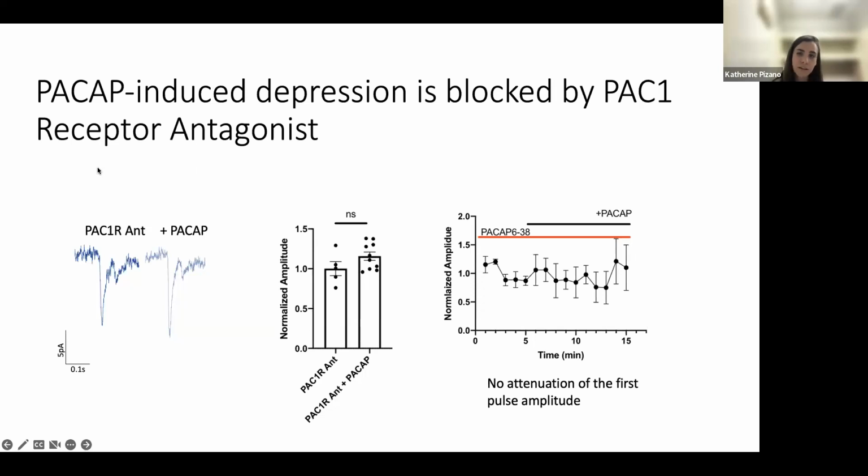So in the presence of the antagonist, there seems to be no significant change in the normalized amplitude of our evoked responses, even when we add PACAP. And then the graph on the left shows the same results, except now we plot it over time. So these results suggest that PACAP works through the PAC1R receptor to mediate the decrease in amplitude observed from our stimulation.